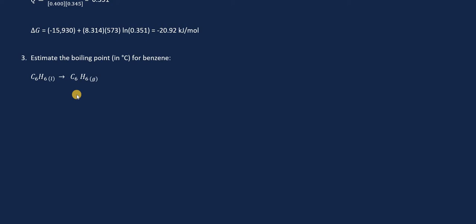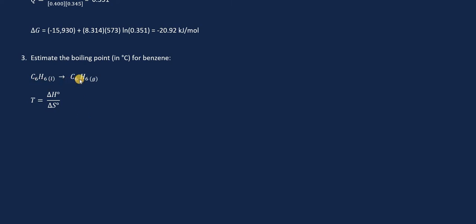So you set delta G prime equal to 0, and you rearrange the equation to solve for T. And that's what that would look like. Temperature of the phase change is equal to the enthalpy of the reaction divided by the entropy of the reaction. And that's how you rearrange it after you set delta G prime equal to 0.